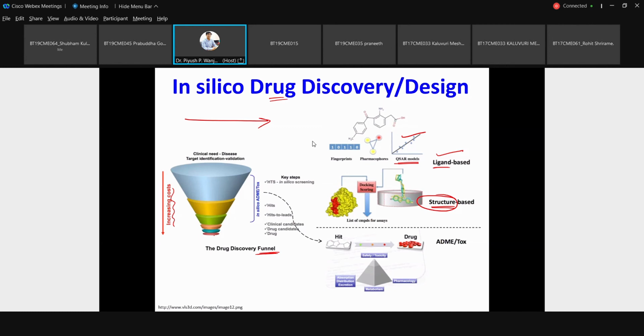These become more complex in terms of both experimental studies and in silico studies. In silico studies are generally at the higher stage, and only at the lower stage do you do experimental clinical trials. The ligand based studies you have done are somewhat of a crude method.